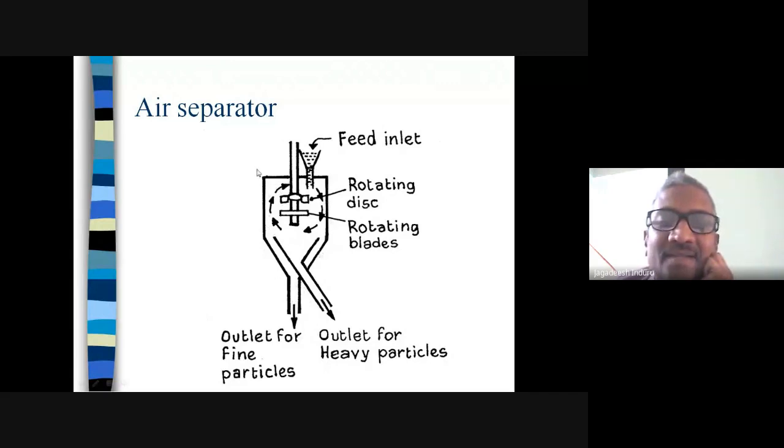The material coming to the walls descends down and is collected in this outlet, and the heavy material falls directly without any floating and is collected in this. It means in this case also we are getting two fractions, a mixture of powder separating into two powders.